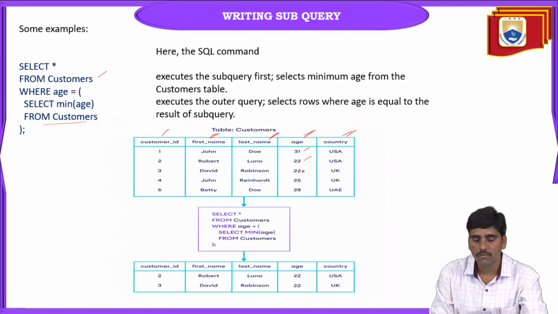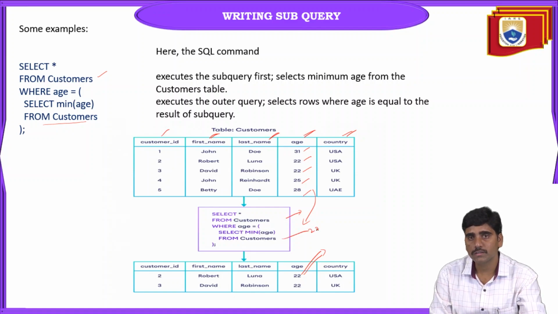The age column contains 31, 22, 25, 28. But from executing this query, among all these, the minimum age is 22.